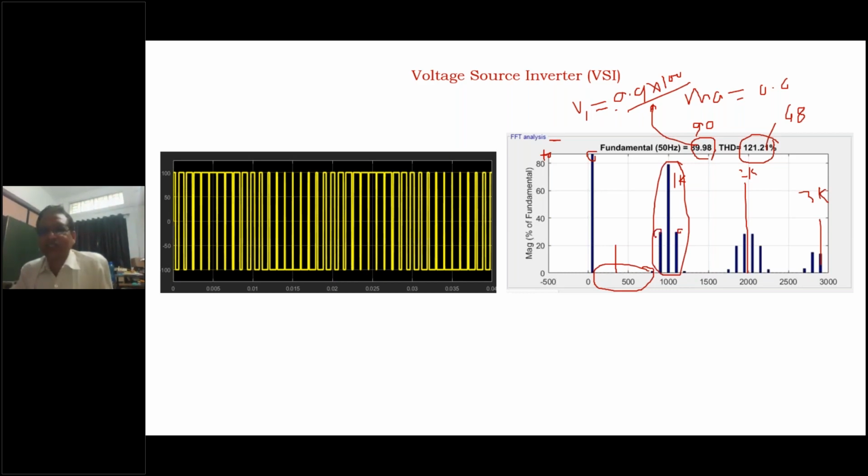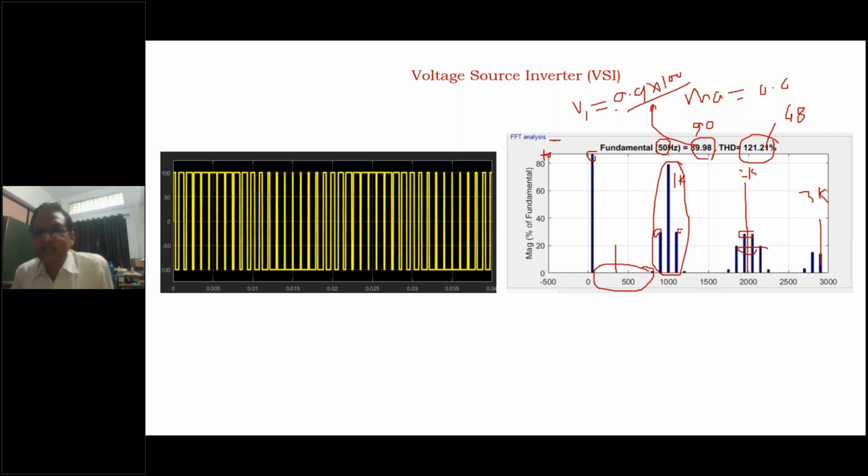And here you will get harmonics at 2 times, so there is a band of two harmonics. If you go for 3 times, there is a band of three harmonics. Now, what is the frequency of this one? The fundamental frequency is 50 hertz.